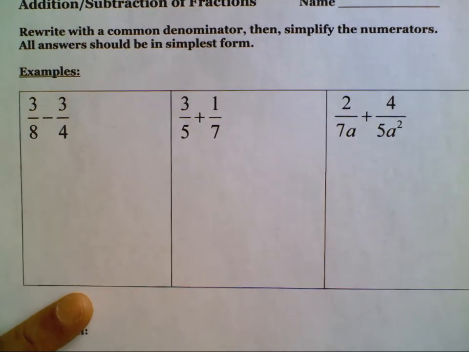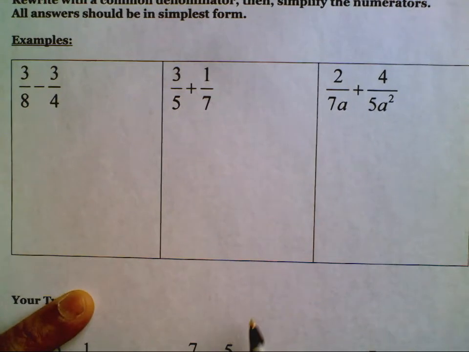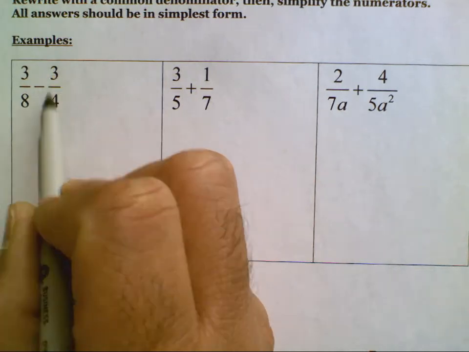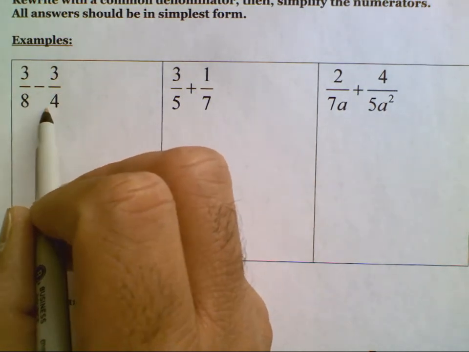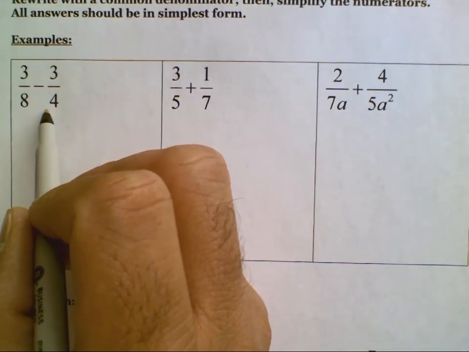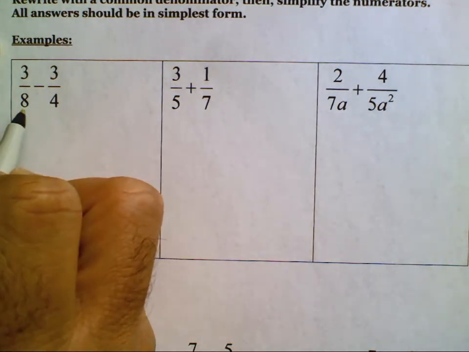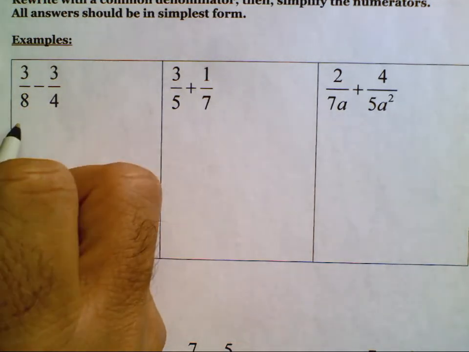For example, in this case, there are several ways to solve this problem. So what I have first is a subtraction. So I have 3/8 minus 3 over 4. What I'm going to do first is try to find the least common denominator. Remember that I need to factorize the denominators into prime numbers.